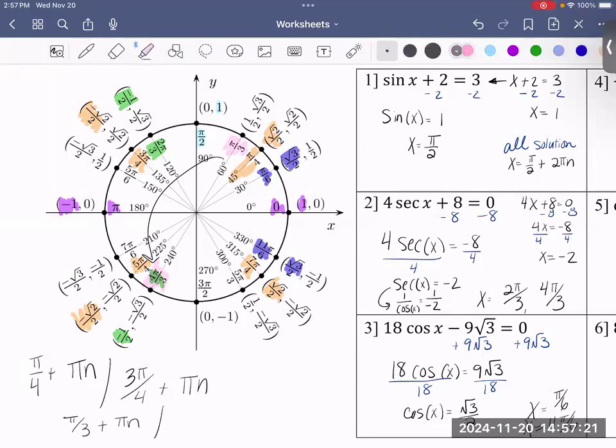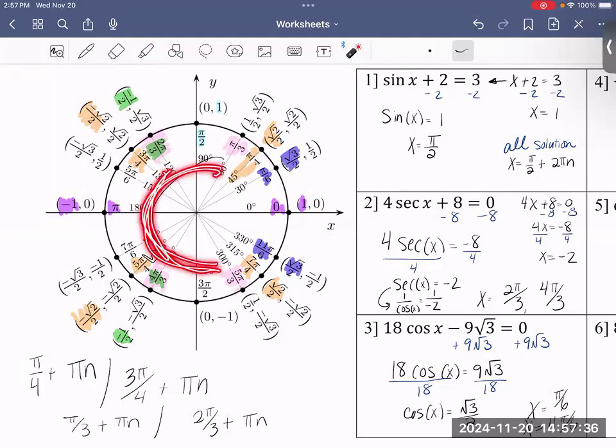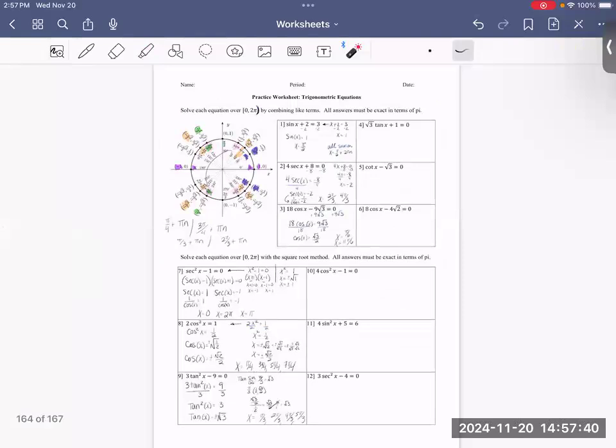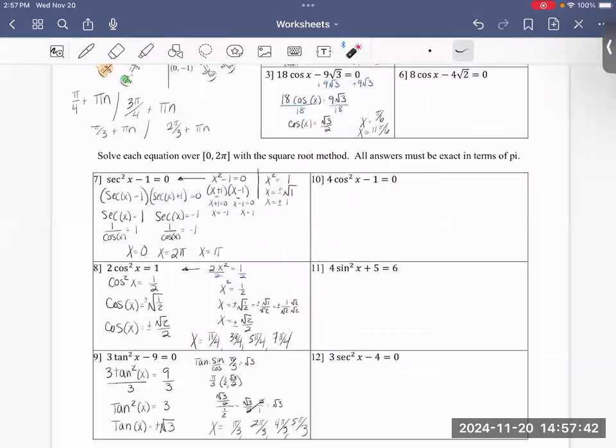And again, your next location is all the way here at 2 pi over 3 plus pi n. So directly across from that one should be 5 pi over 3. And again, these are just separated by pi here. And that's why you can just add pi n.